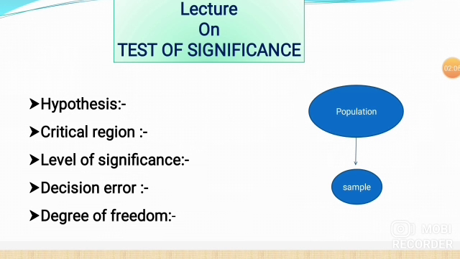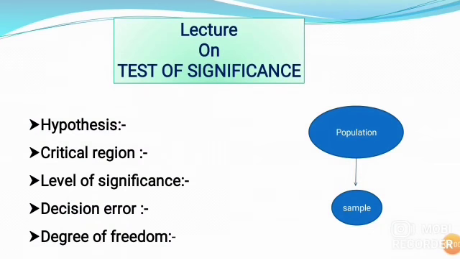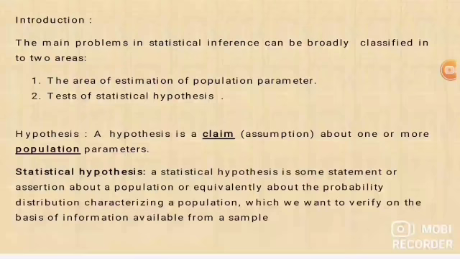For this, we need a statistical test to support such decisions because results of experiments are usually not clear cut. So in this situation, we use the test of significance. In the test of significance, we use some terminology and we discuss it one by one.